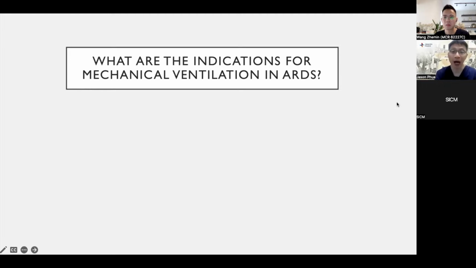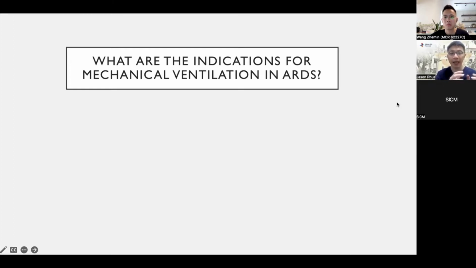So even though I did say that these thresholds of the PF ratio of less than 200, worsening hypoxemia, you would consider mechanical ventilation. I think in this day and age, we would first think, is this patient suitable for non-invasive ventilation, CPAP, or high flow nasal oxygen?